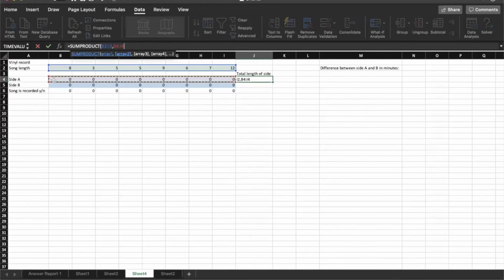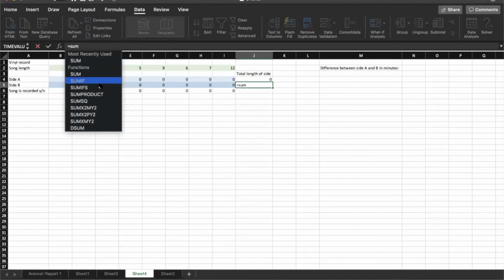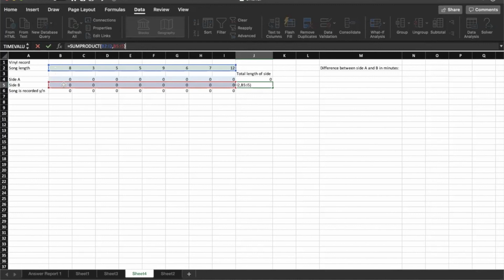So if song 8 is 8 minutes, we are multiplying this by side A if it was on side A, and we are doing the same thing for side B. So it's just the sum product of the length and if it was on the side or not, the binary.